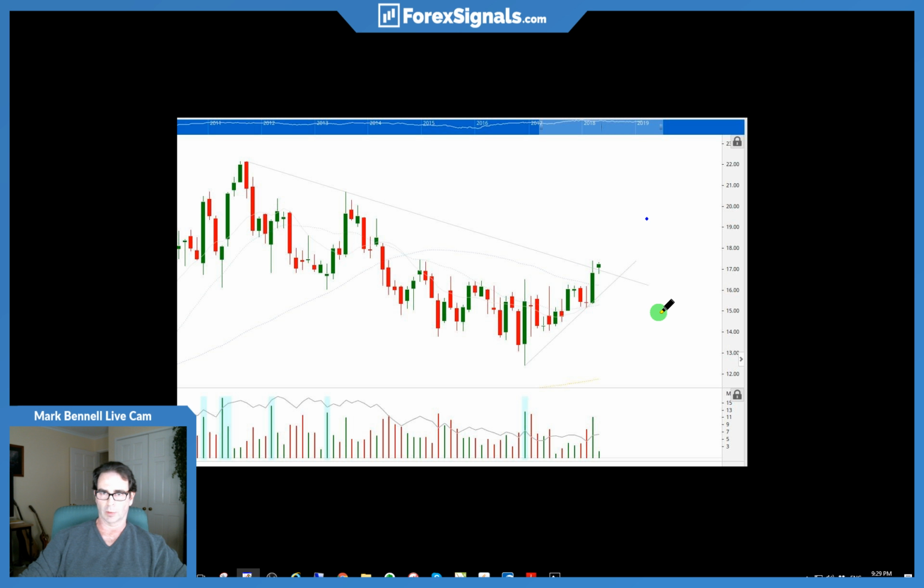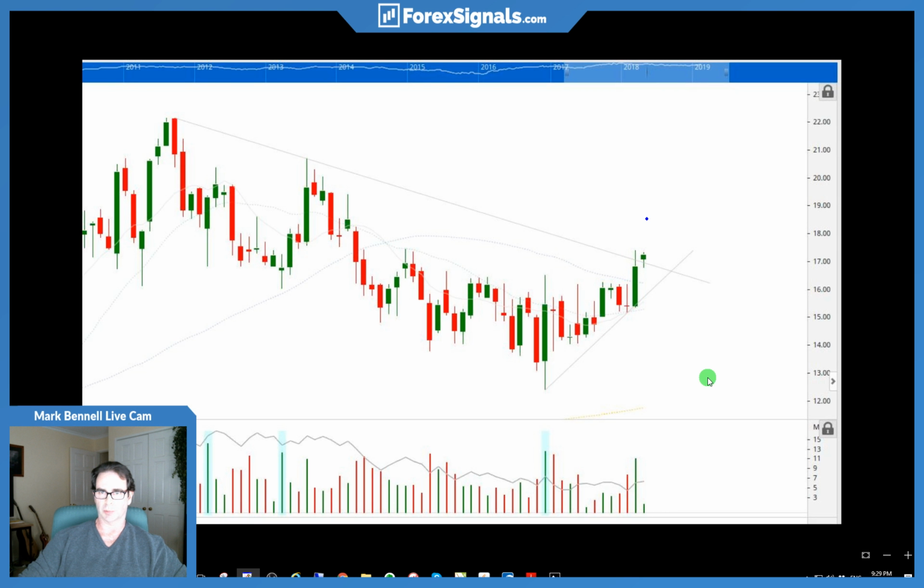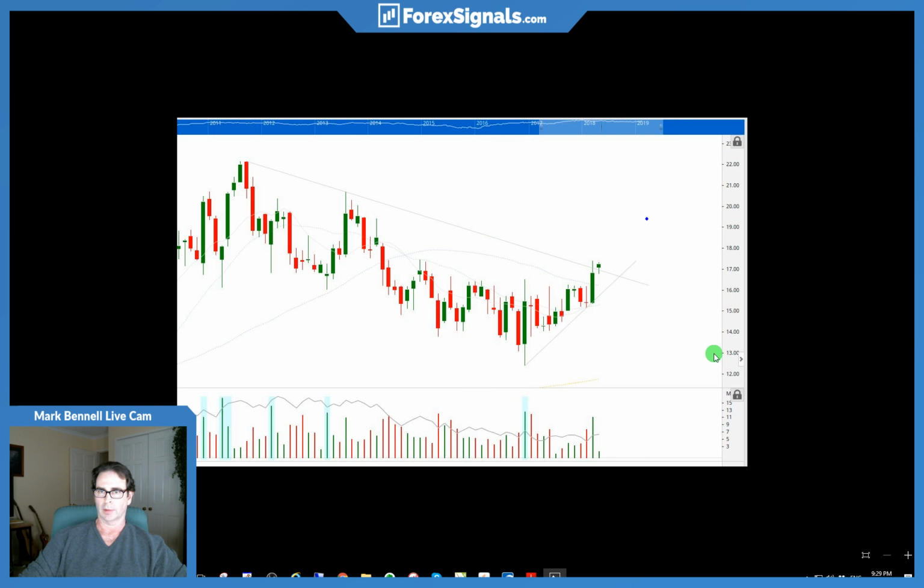All right. So what do you think of this one? Context is pretty good. So this is igniting, trying to ignite out of this structure. Volume is good. Volume on this bar is good, especially above the structure.